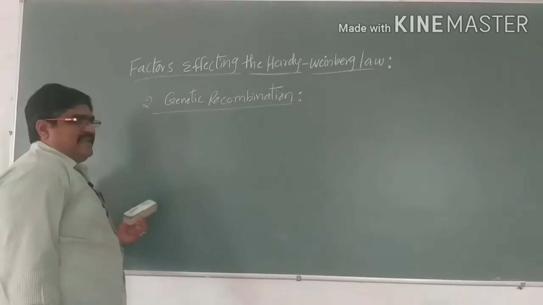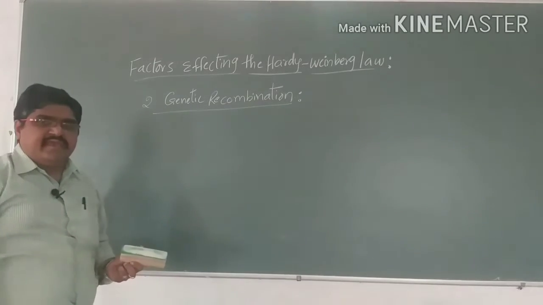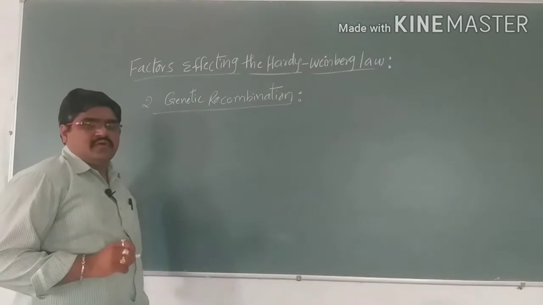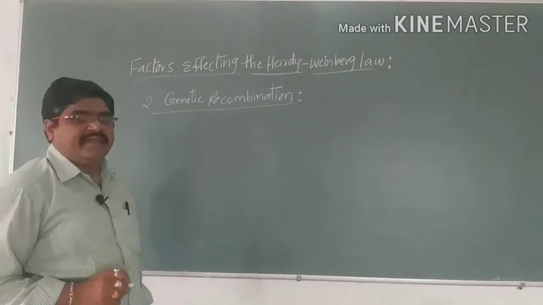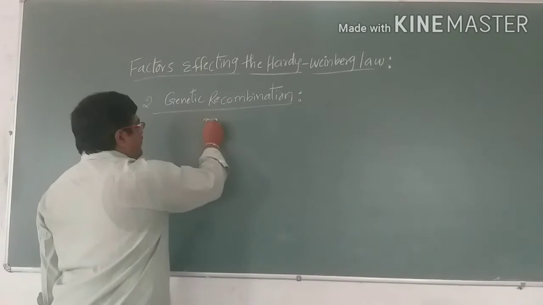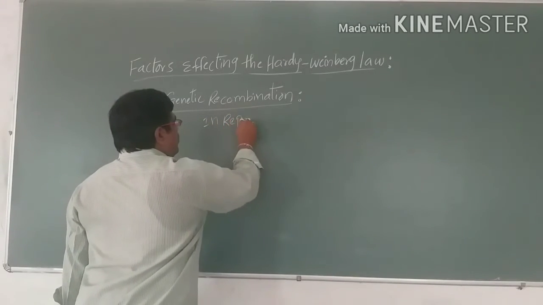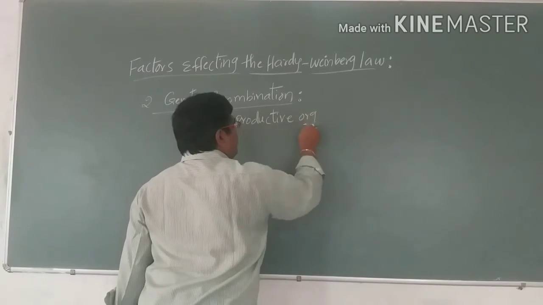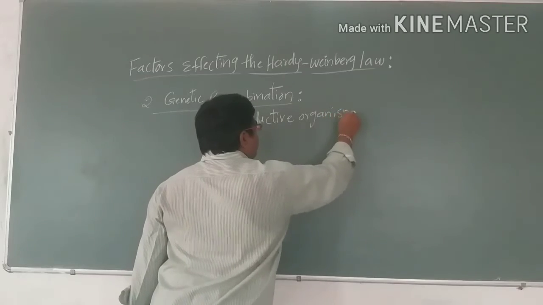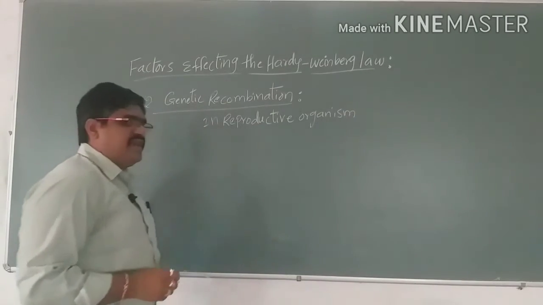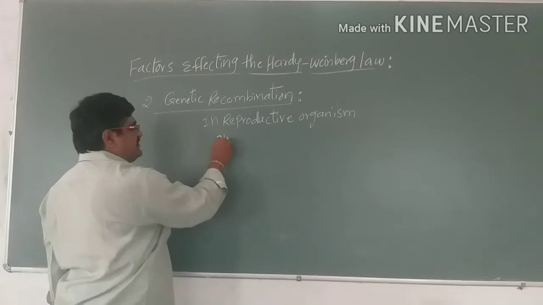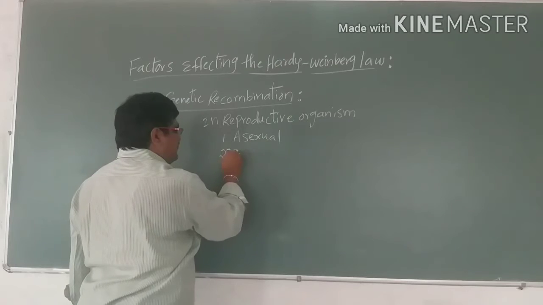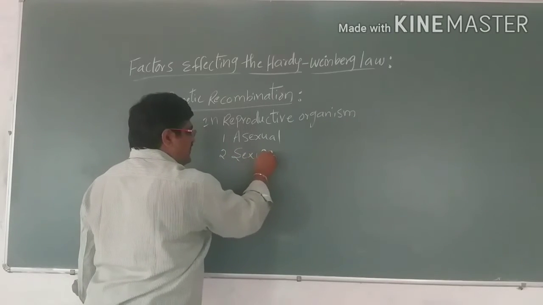Genetic recombination mainly takes place in reproduction, in reproductive organisms, where there are two types of reproduction. One is asexual, and the second one is sexual reproduction.